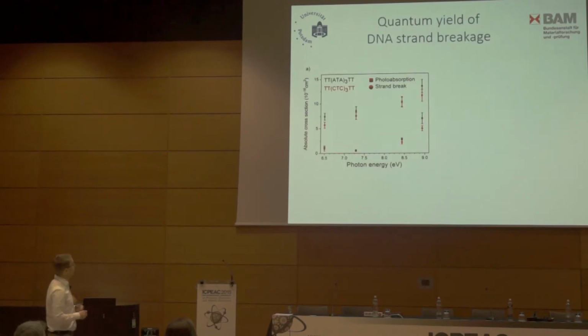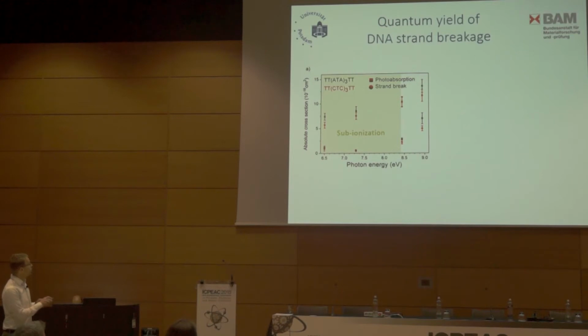And here you can see the absolute cross sections for strand breakage. These are shown here for 2 different sequences, sequences with adenine and cytosine. And we used energies from 6.5 to approximately 9.0 eV. And we see here a clear energy dependence. And this region here below the 8.4 eV is the sub-ionization region.